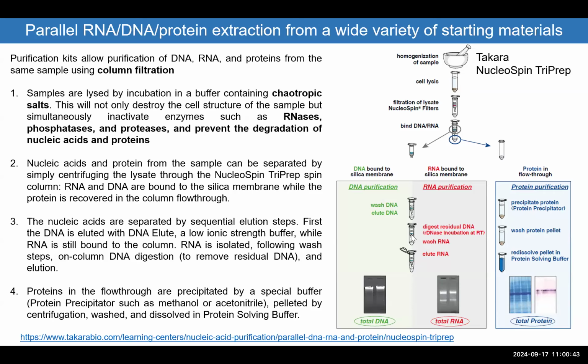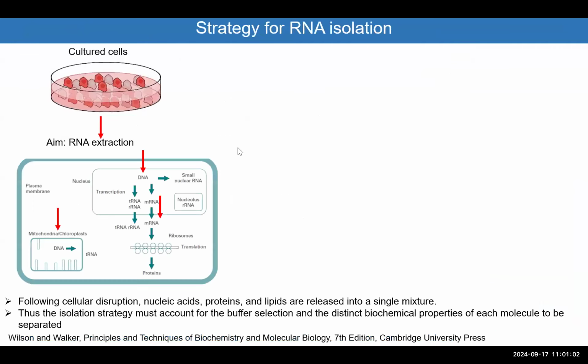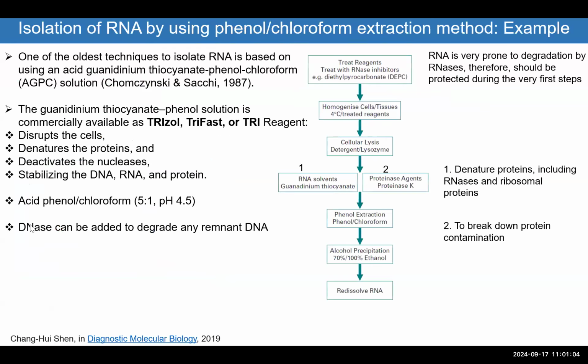If you want to collect the DNA, you do the digestion of RNA with RNases here on this column, and then you collect the DNA. If you want to collect the RNA, what you have to do is add DNase. So you kill the DNA and then you collect RNA. And that's why I wrote this step here. In case you are isolating the RNA and you end up with some contamination of DNA, you simply use DNase and you kill the rest of the DNA in the sample.